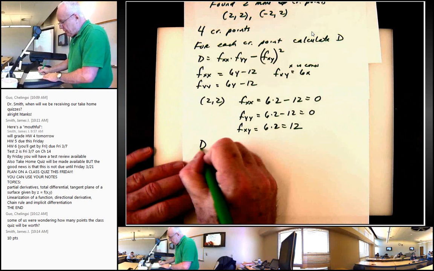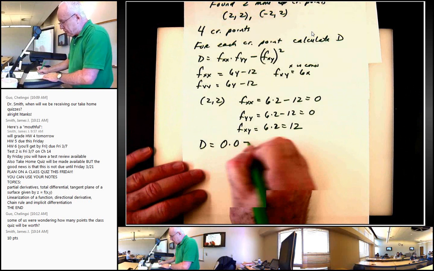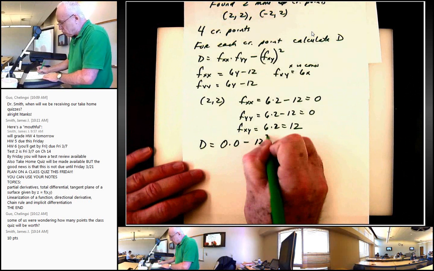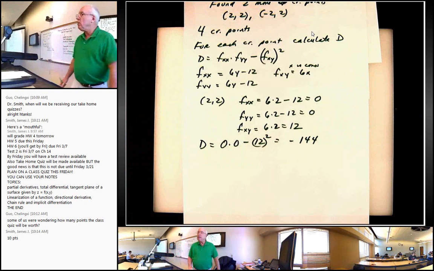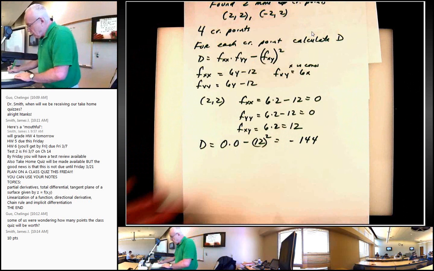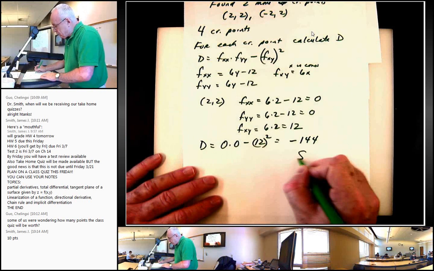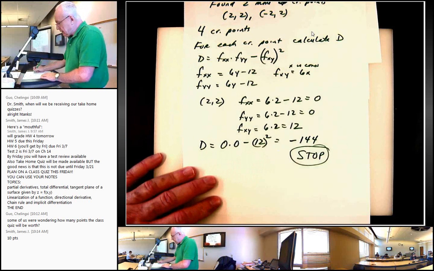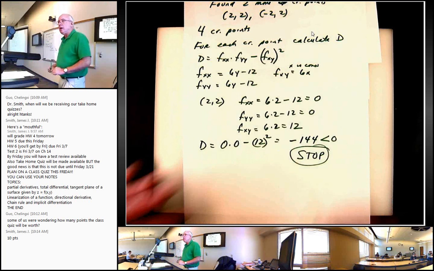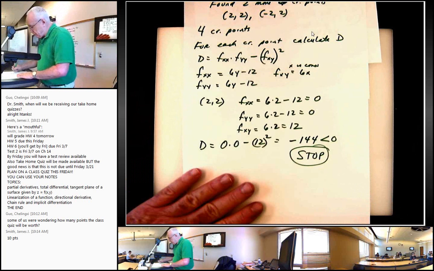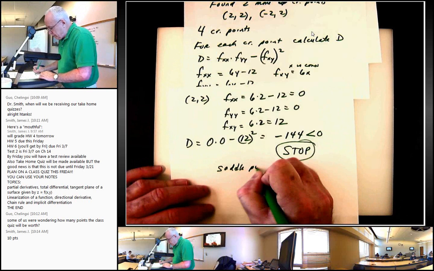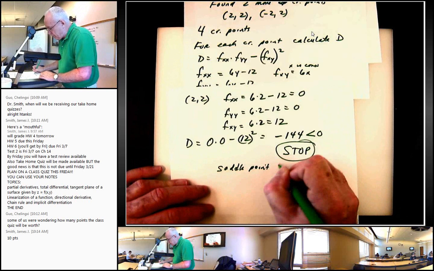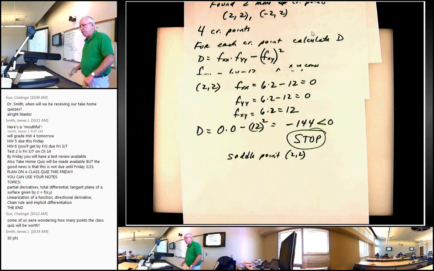So our D value is going to be 0 times 0 minus 12 squared, and that comes out to be negative 144. We can stop for this one right here. It's a less than 0 D value. It's a saddle point. No need to go any further with this critical point. So we have a saddle point at 2, 2.